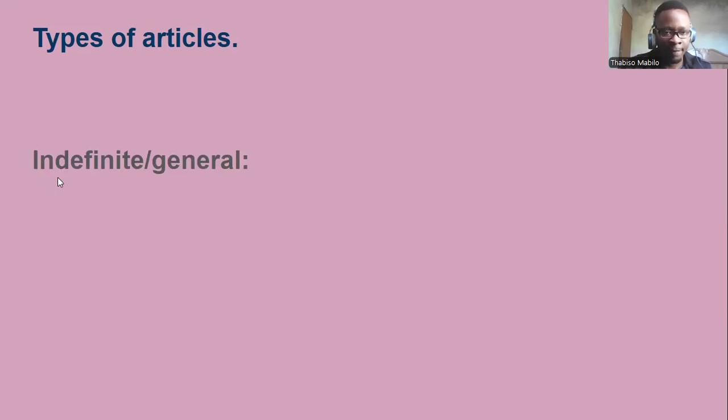So we have indefinite or general articles. Here we have article an, it belongs under indefinite or general. Then we have article a, which also belongs under this group of indefinite or general article. So there are two articles which are considered indefinite or general articles.